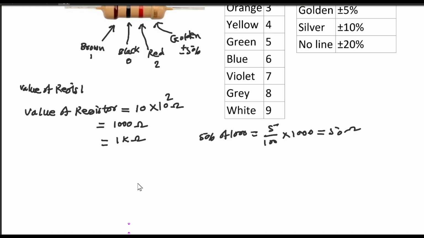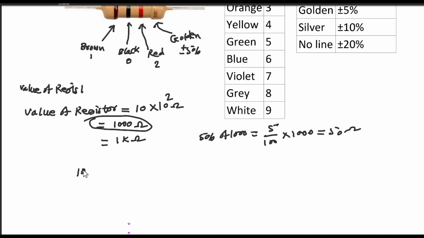So 50 ohm is the tolerance of this resistance. The value of this resistance, of course, is 1000 ohm, but it need not be exactly equal to 1000 ohm. It will be plus or minus 5%.